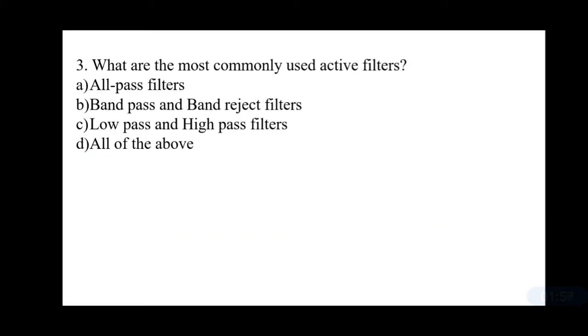What are the most commonly used active filters? Option A all pass filter, option B band pass and band reject filter, option C low pass and high pass filter, option D all of the above. There are two types of filter, active filter and passive filter. Here we ask about the most commonly used active filters. In electronic circuits, different applications require different types of filter design.